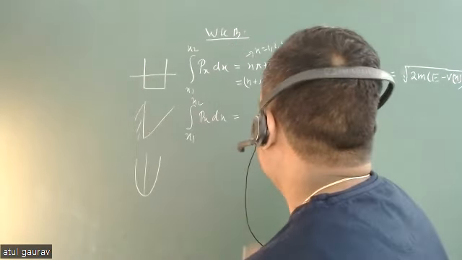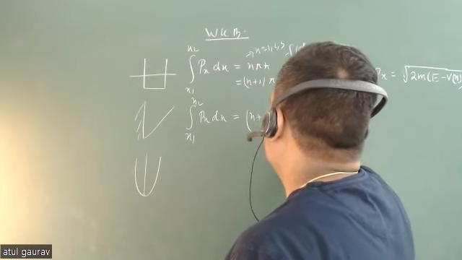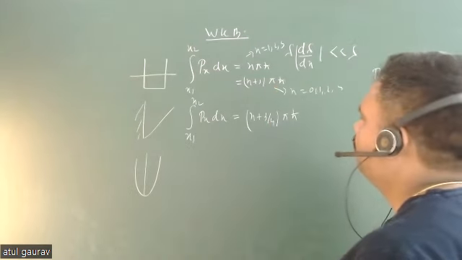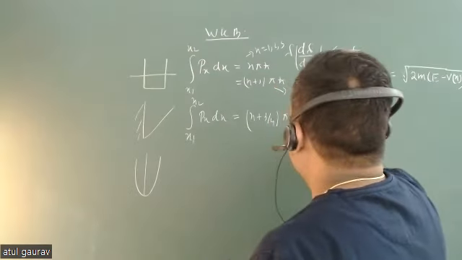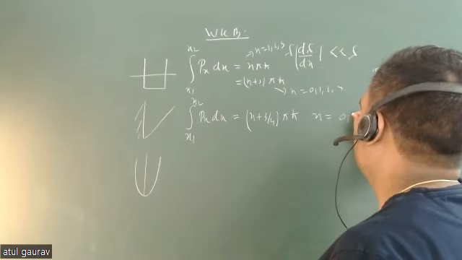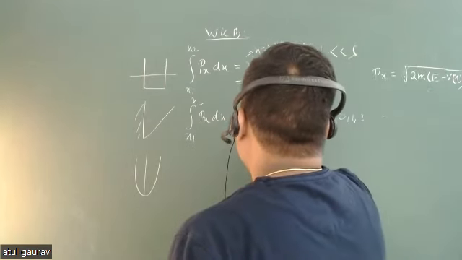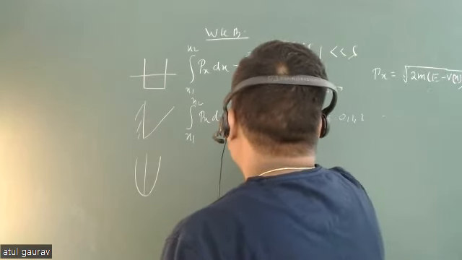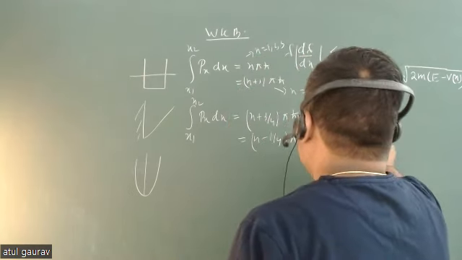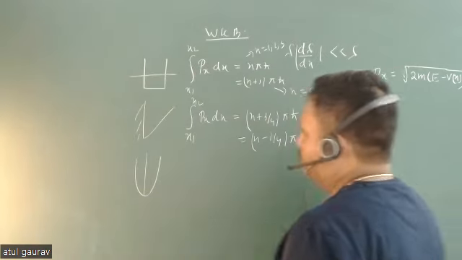What will it be, tell me. N plus 3 by 4 pi h cut. Okay. And here for n is equal to what? 0, 1, 2, 3. And the second is n minus 1 by 4 pi h cut. So both you can remember, so that is 1, 2, 3 and so on.